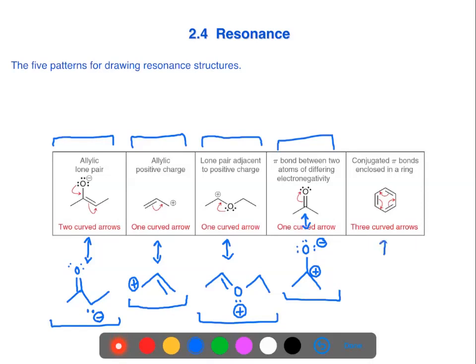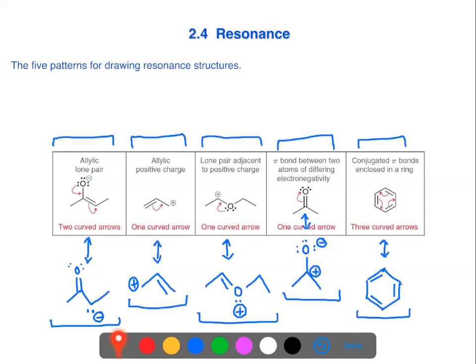So this will look very similar to the structure above, but just the placement of the pi bonds within the ring would be altered. And so this would be considered a resonance form of that original conjugated pi system.